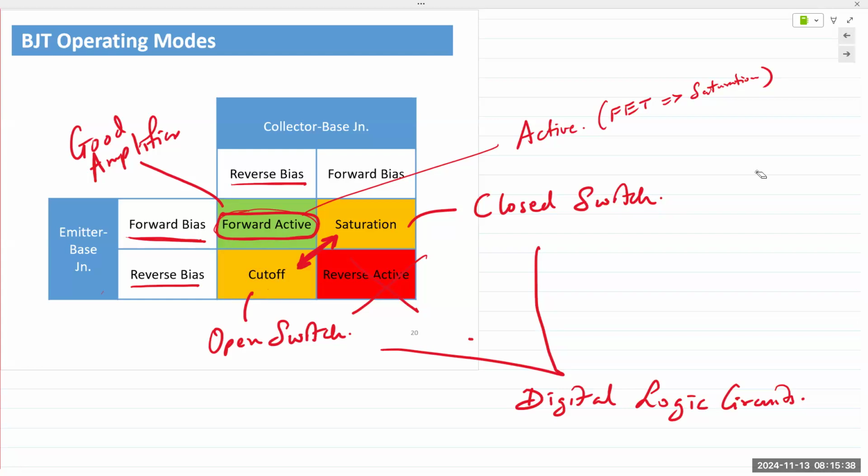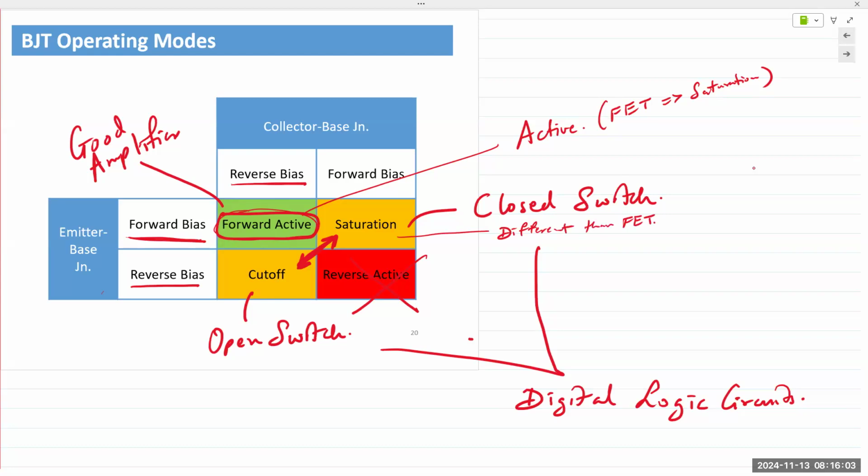And if the collector-base junction and the emitter-base junction are both forward biased, then we say it's operating in saturation. This saturation is different from the FET saturation, and we'll see that in the next couple of slides.